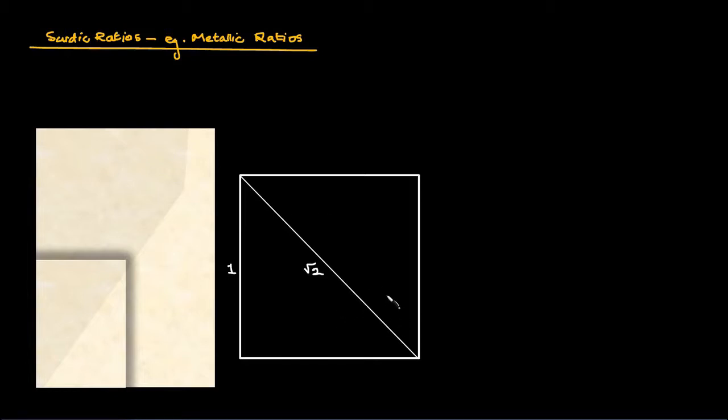And you can do a similar sort of thing with the square. If you make this the diagonal now, so that this becomes the root 2 side, okay, then we can draw a square on the side here. Let's see, there we go. So that this now becomes the 1 to root 2 ratio.